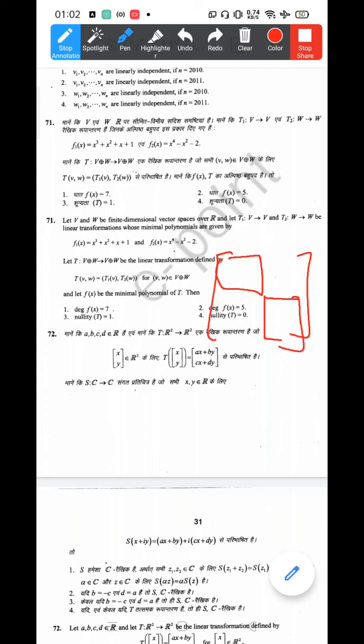Let me see what our V was. What was the dimension of V? They didn't tell us, so that is 3 plus 4, 7. If I take it, then it is 7.